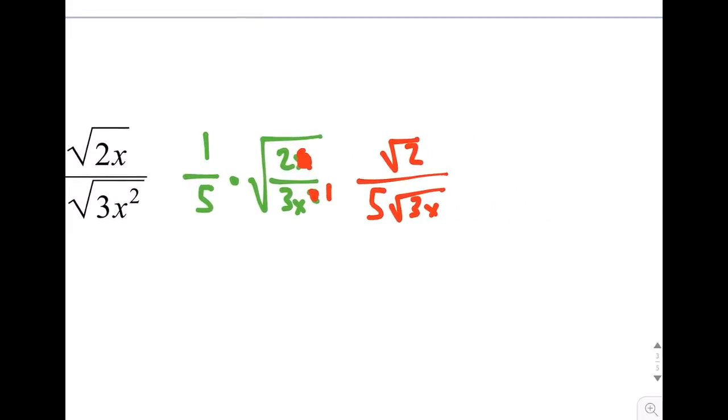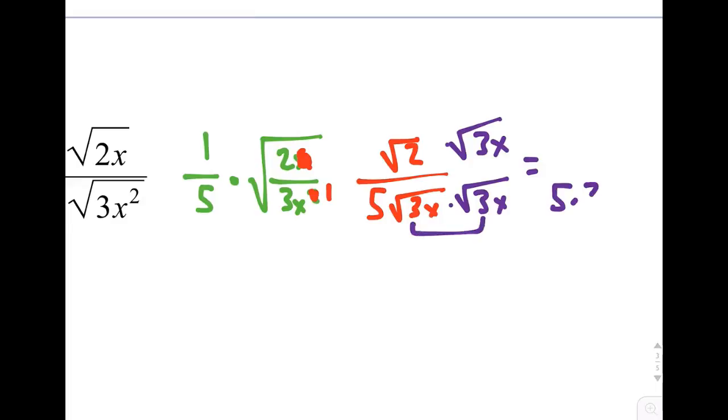Final step then is to multiply top and bottom by whatever is under the root in the denominator. So not the 5, just the root 3x. And when you do that, you end up with, on bottom, 5 times 3 times 3 is 3, or 3 times 3 is 9, but then square rooted is 3. X times x is x squared, but then square rooted is x. So you write all that on bottom.